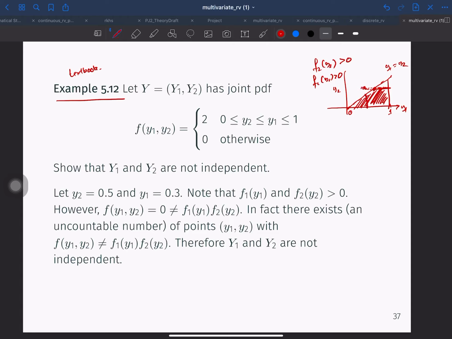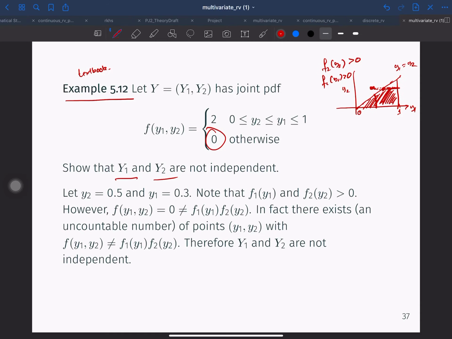But here, the joint PDF is supposed to be 0. So in fact, there exist values (y1, y2) in this area that have joint PDF 0, but have marginal PDF bigger than 0 for both y1 and y2. And so therefore, Y1 and Y2 cannot be independent.